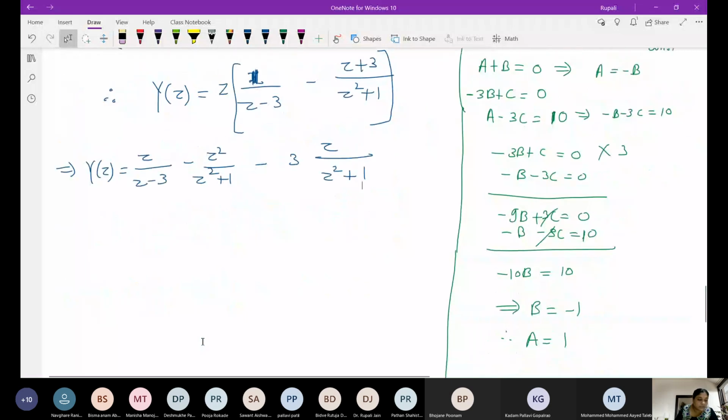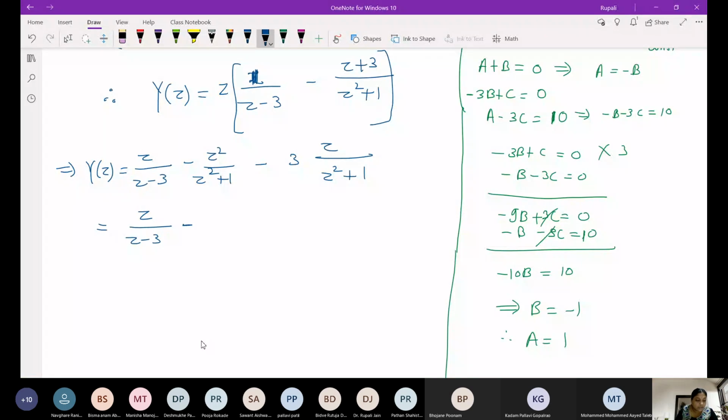Now taking inverse transform. But before taking the inverse transform, I need to convert into the proper format. So z upon z minus 3, no problem, it will be just 3 raised to k.